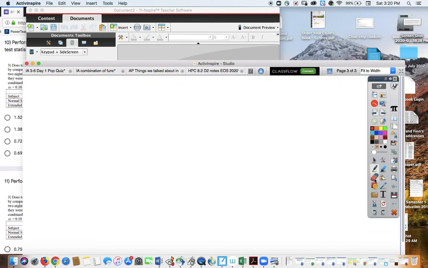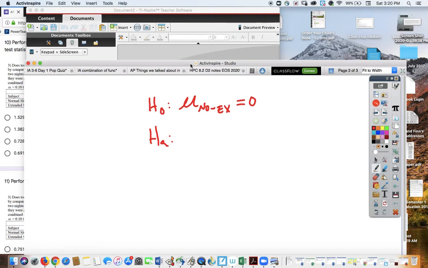We're only dealing with one mean. So our null hypothesis would be that the mean of normal minus extended equals 0, meaning that there's no difference, or that the difference is 0. The alternative, in this case, remember we were thinking that the difference would be positive because we thought extended sleep scores were going to be lower.